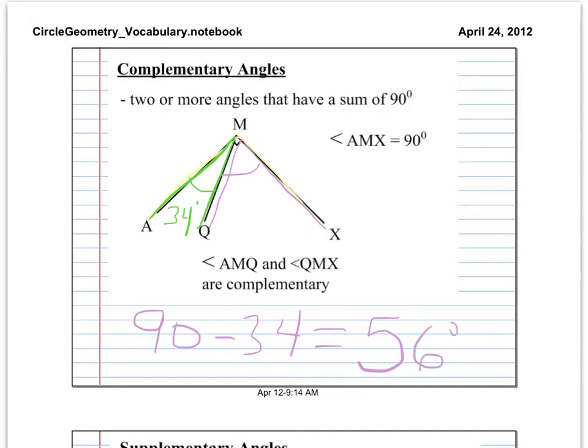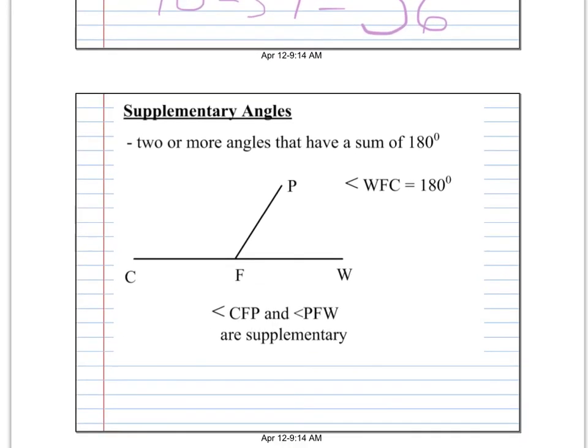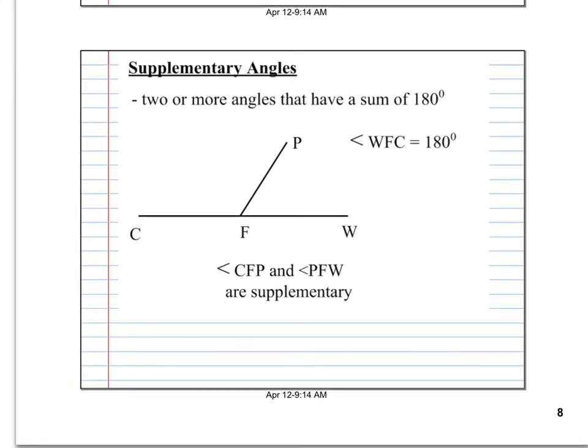So that's complementary angles. Okay, and our last part for angles is supplementary angles, where a straight line will be 180 degrees. So if you're given the angle right here, you're able to find the missing angle there.